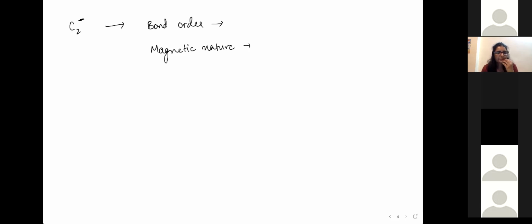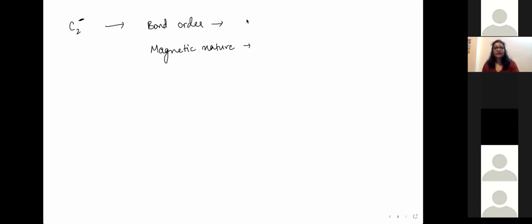Oh guys, wait, remember, one sec. If there are unpaired electrons, it will be para; if all electrons are paired up, it will be dia. For C2 minus, because of that extra minus, I can literally see that there's an odd number of electrons. Odd number means how can it pair up? There's always going to be one left. How do we figure out the magnetic nature? I didn't understand.